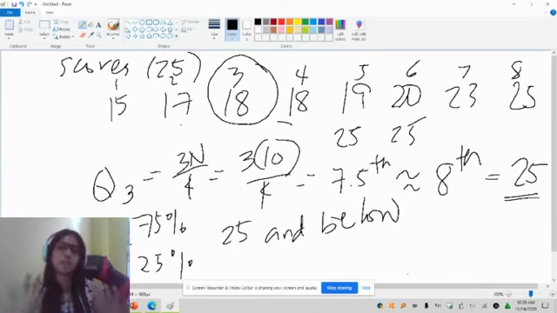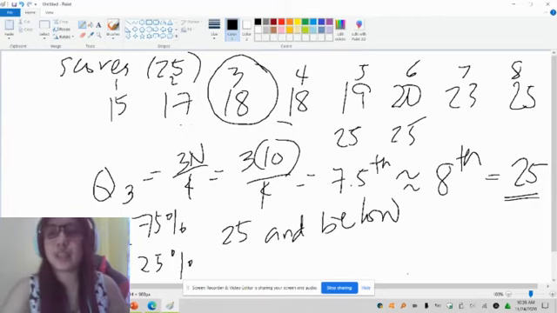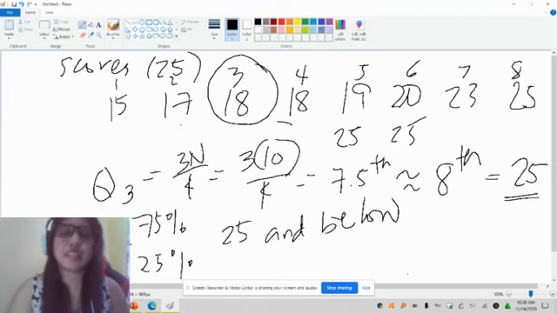So there's no need to say 25 and above anymore, because as we can see in the data, the 8th, the ninth, and the 10th student got a perfect score in the test. So it actually depends on the data.